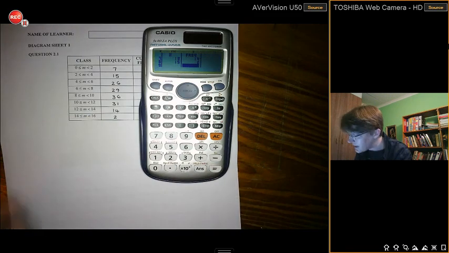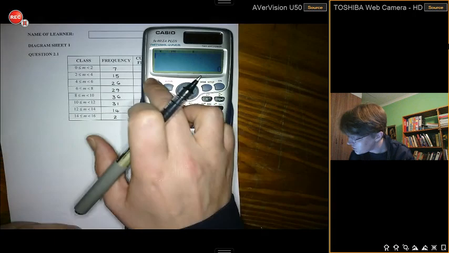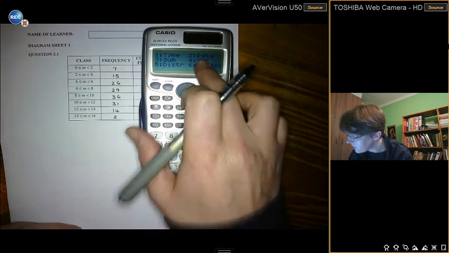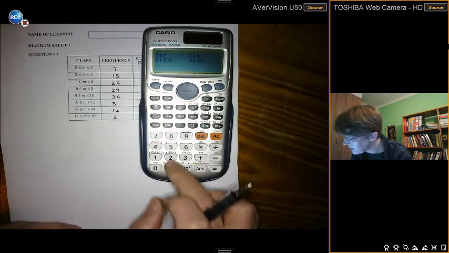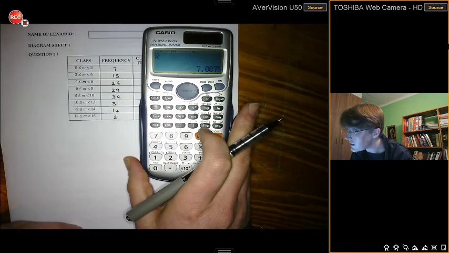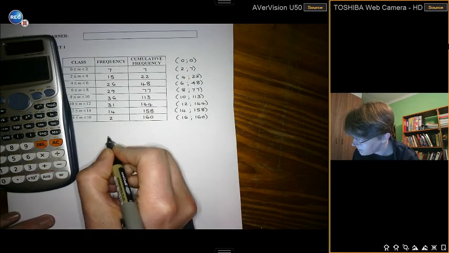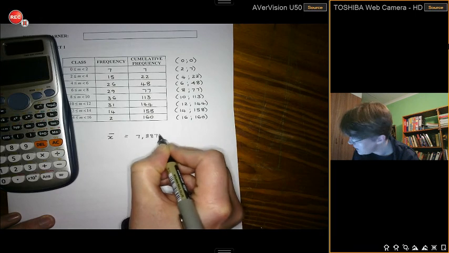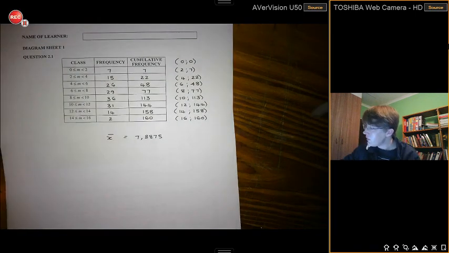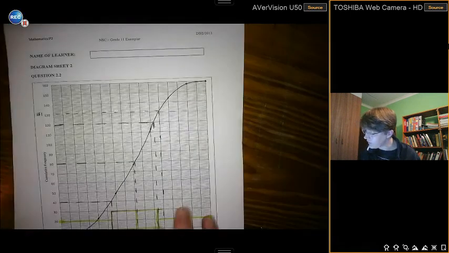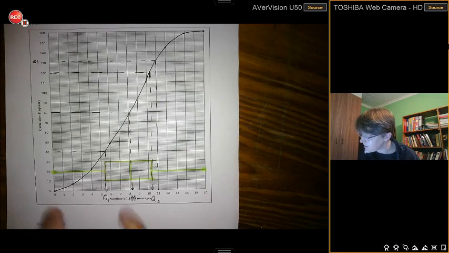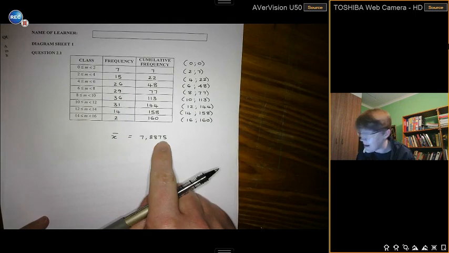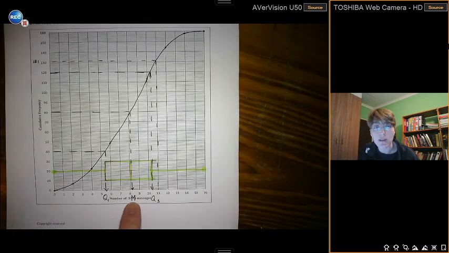And then once that data is entered, you can press AC again, Shift, Stat, and then Variance again, and I can ask for that mean, which in this case is 7,8875. And I'm just going to write that down over here, because if we go back to the ogive that I drew over here, if you're not exactly comfortable saying that this is skewed to the left, you can go and compare the mean, which is 7,8875, to the median, which is just greater than 8.